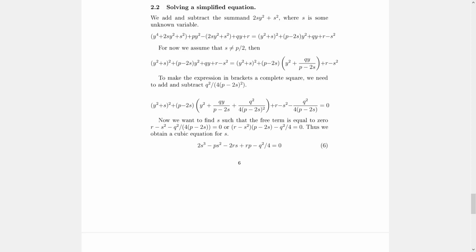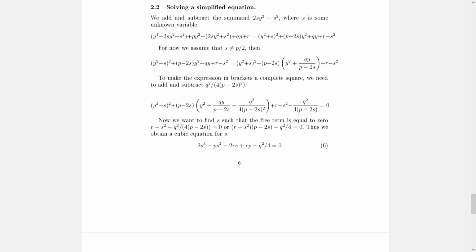So we get y squared plus s squared plus p minus 2s multiplied by the full square of y squared plus qy divided by 2 times p minus 2s, and plus the free term r minus s squared minus q squared divided by 4 times p minus 2s equals 0.